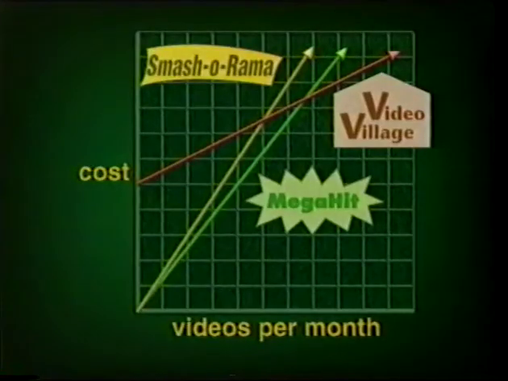The break-even points are here and here. At this point, Video Village is cheaper than Smash-O-Rama. And at this point, after you've rented your 6th video in a month, Video Village is even less expensive than Megahit. In other words, if you rent more than 6 movies per month, then Video Village becomes the best buy.